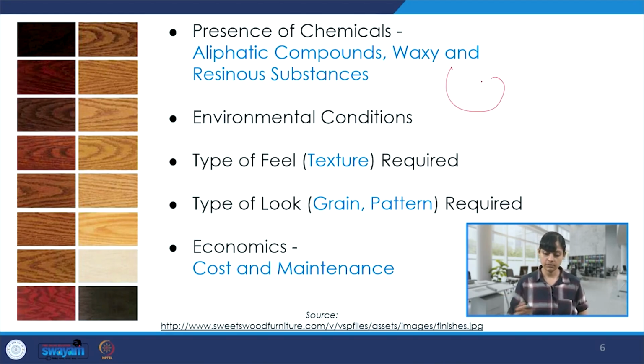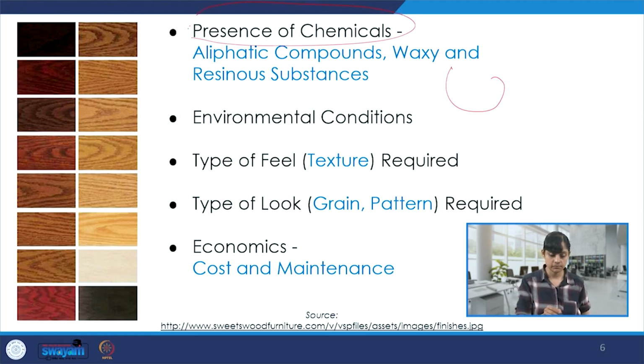So we have to understand, of course, the properties also, which will help us decide what kind of timber to choose and where its performance gets impacted because of certain property related important aspects.